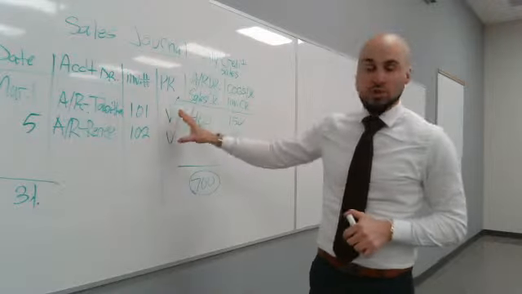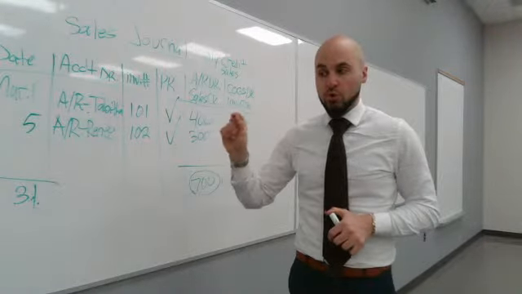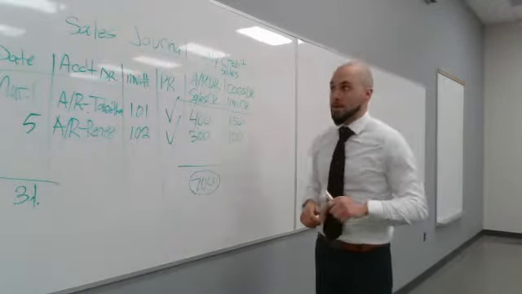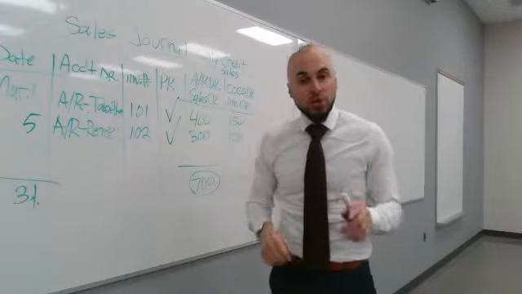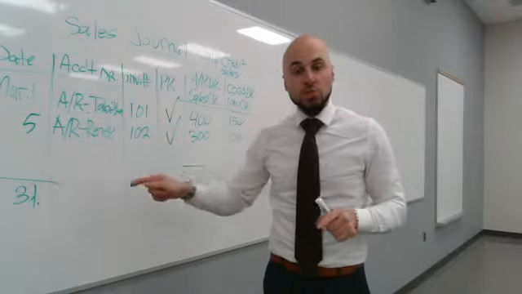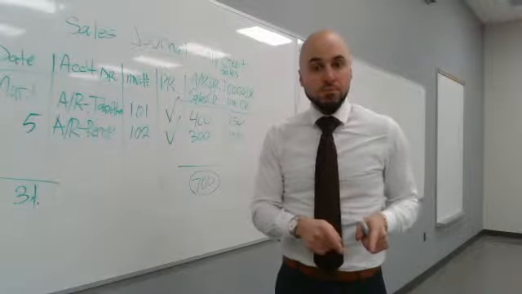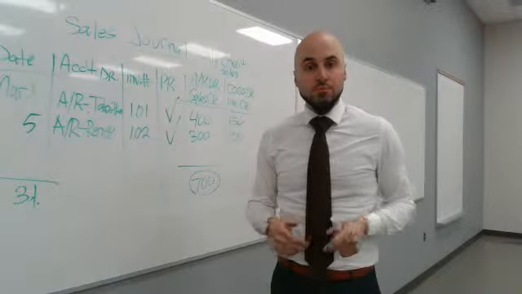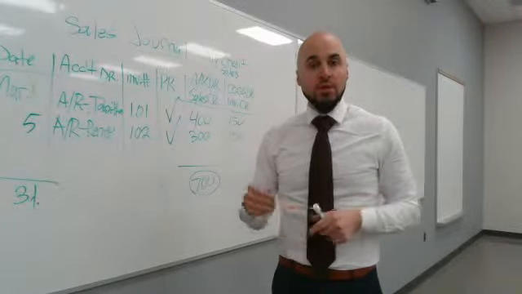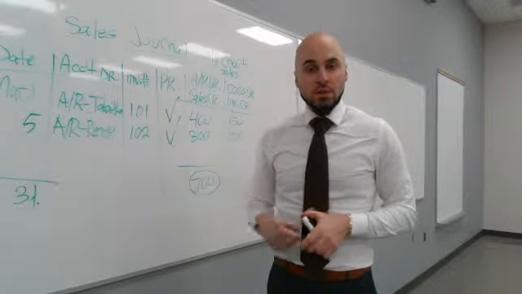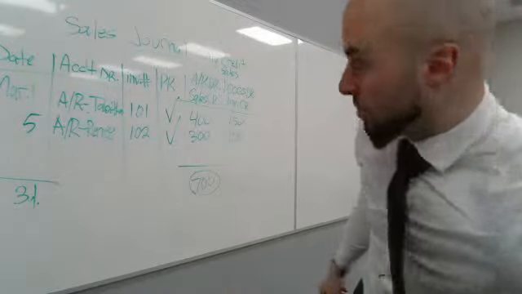Okay? This is the extent to what you have to do in the sales journal. Just record that credit sale. Okay? Clear on that? Clear on when to record in the subsidiaries and when to record in the controlling account? Good. If not, rewind. If so, let's continue to the cash receipts journal.